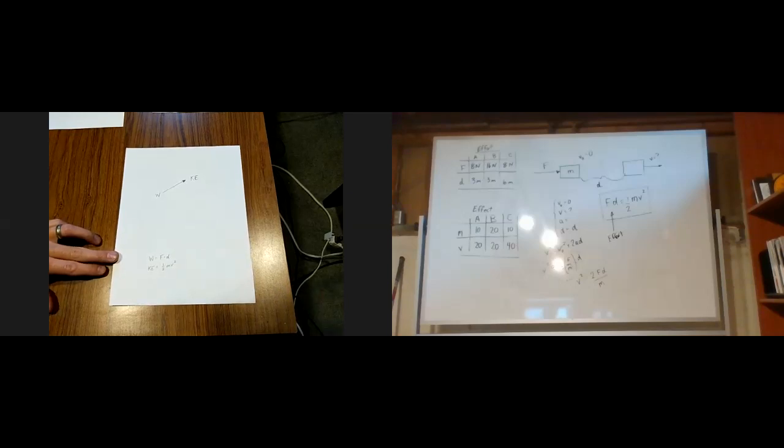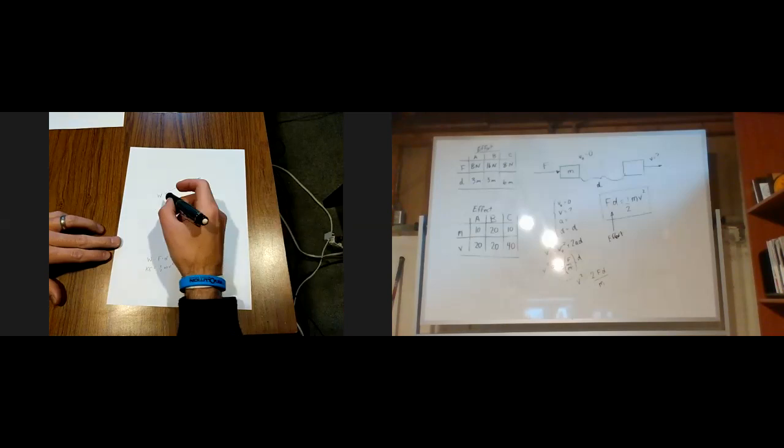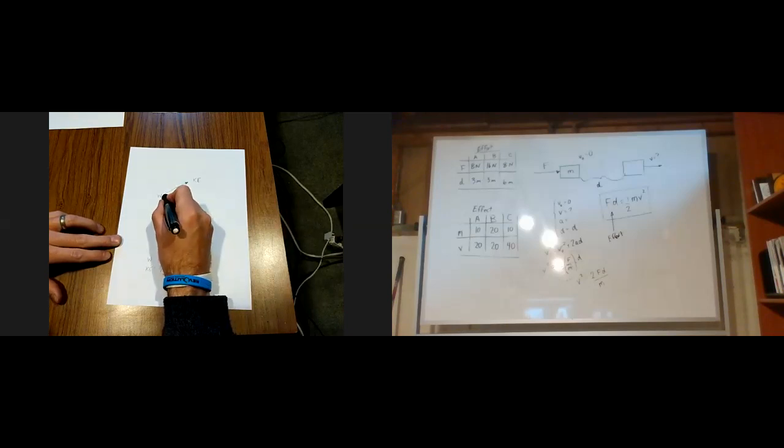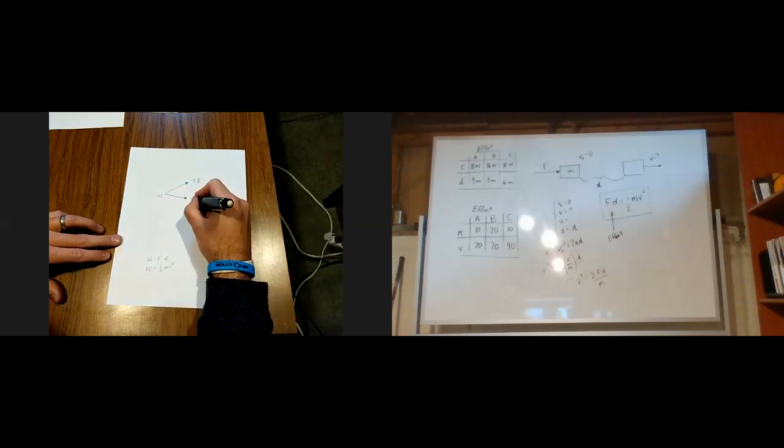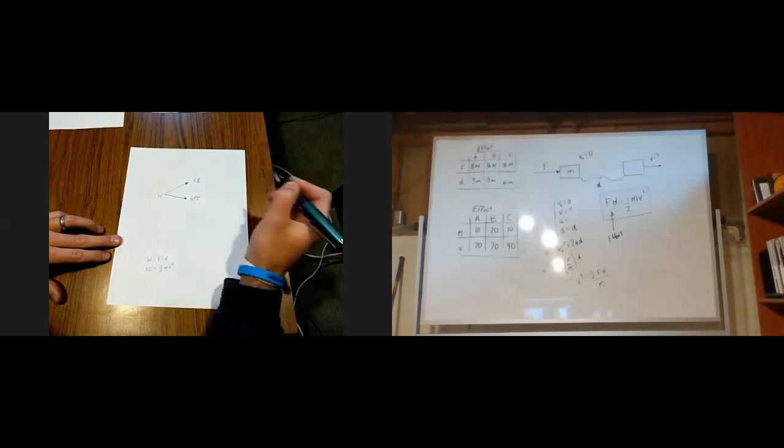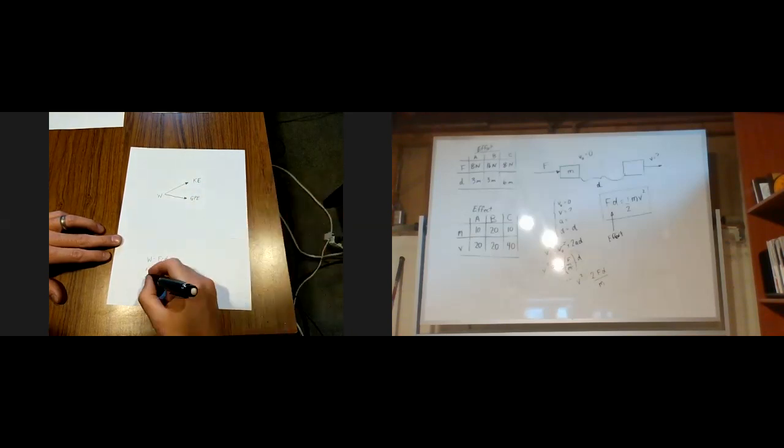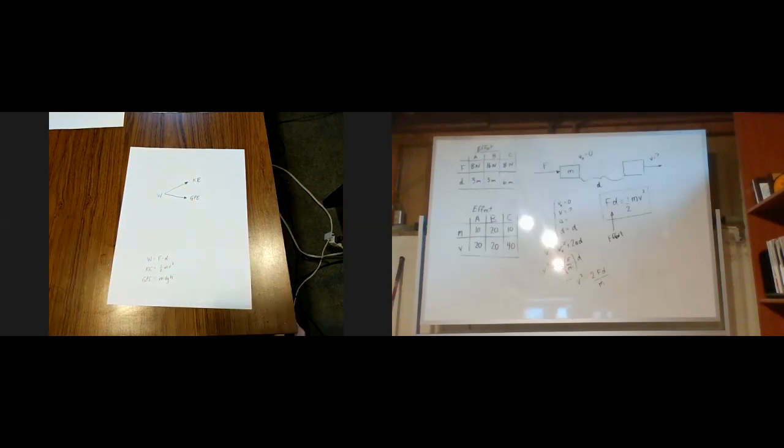Another effect of applying an effort to an object would be to change its position. We might do work in order to give an object gravitational potential energy, which is an energy that is related to its position in a gravitational field.